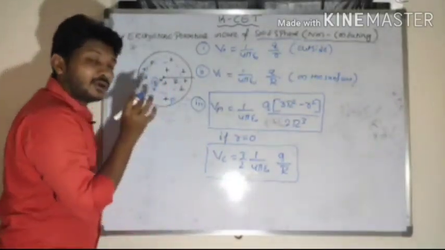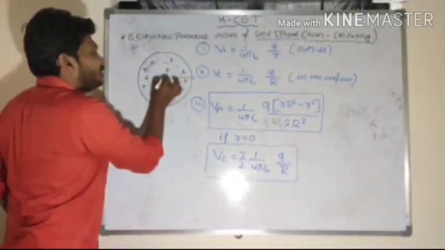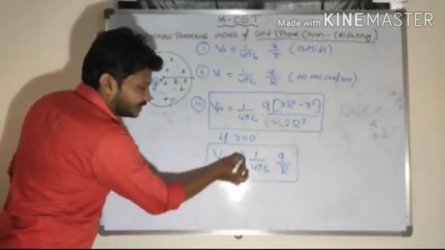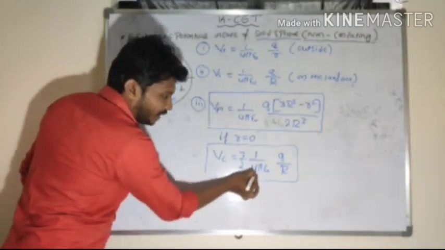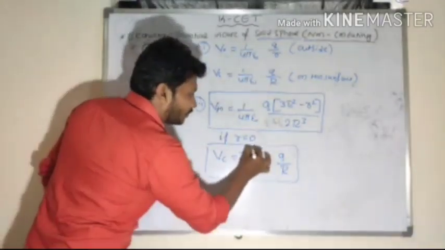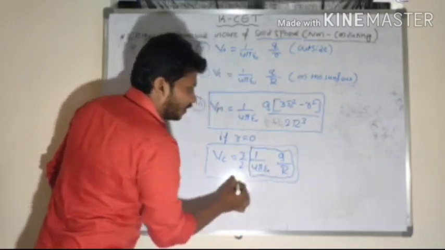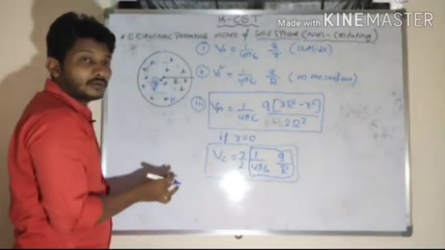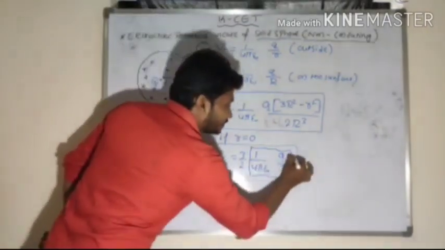What is the value of potential at the center of the solid sphere here? V of C is equal to 3 by 2, 1 by 4 pi epsilon naught Q by R here. What's 1 by 4 pi epsilon naught Q by R? It is nothing but the potential at the surface here.